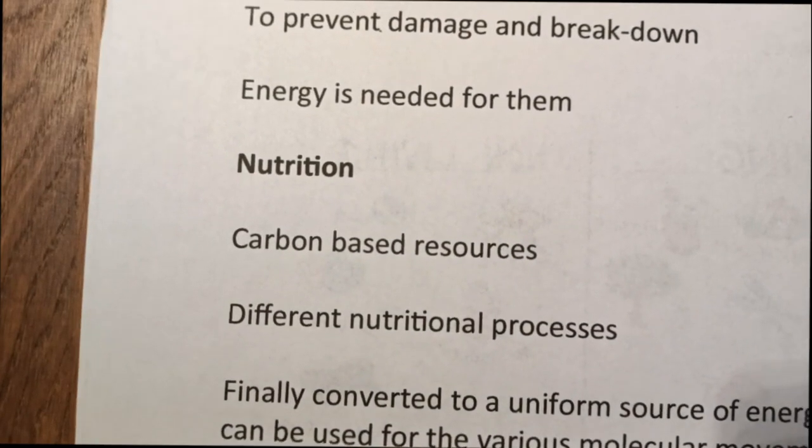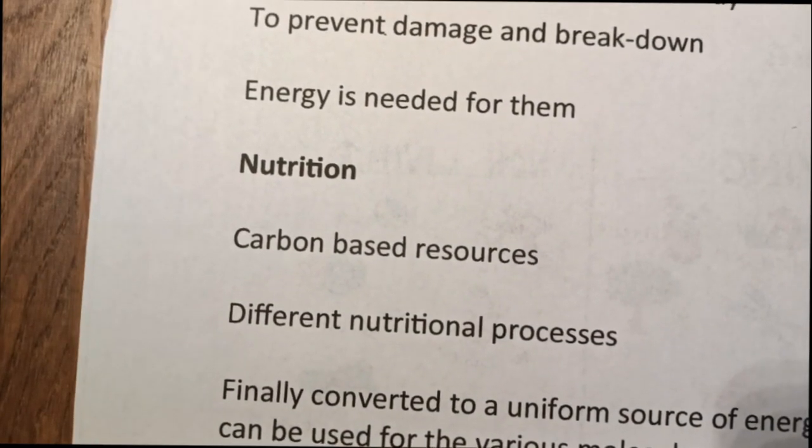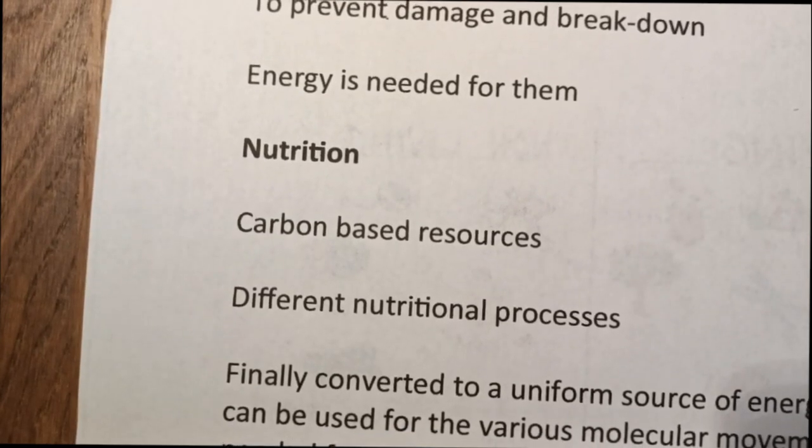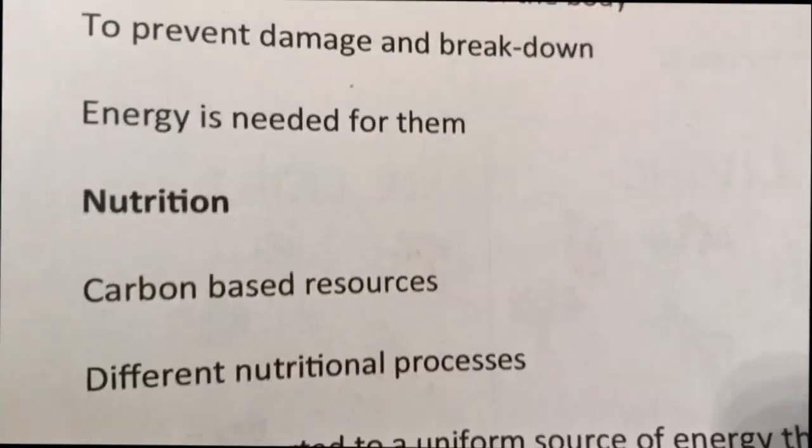So the nutrition brings the energy from outside source into the body, and that involves many more steps. Now, organism grows as well. That needs additional raw material, and that comes from outside. And most of the raw material is in the form of carbon-based resources.